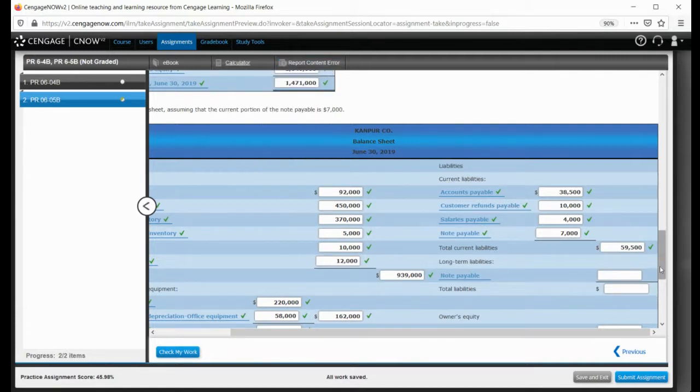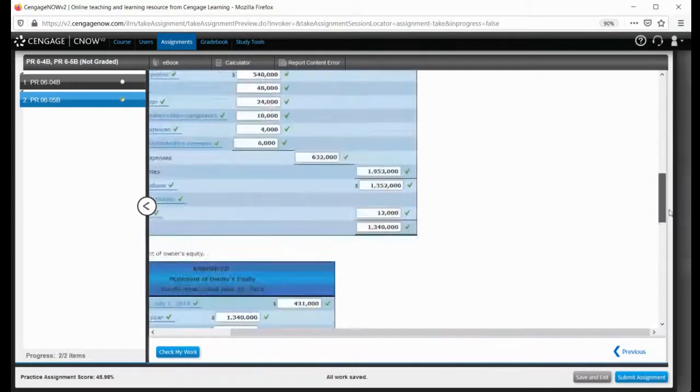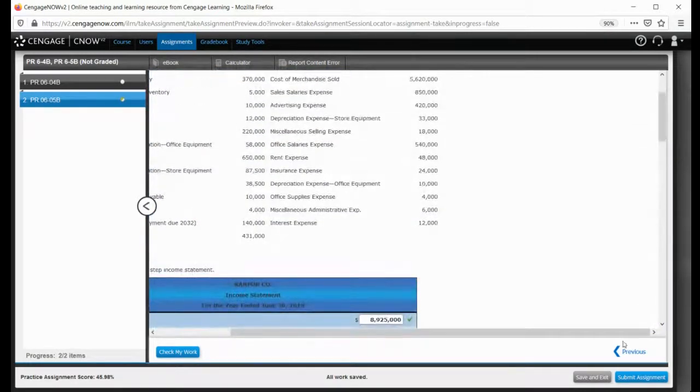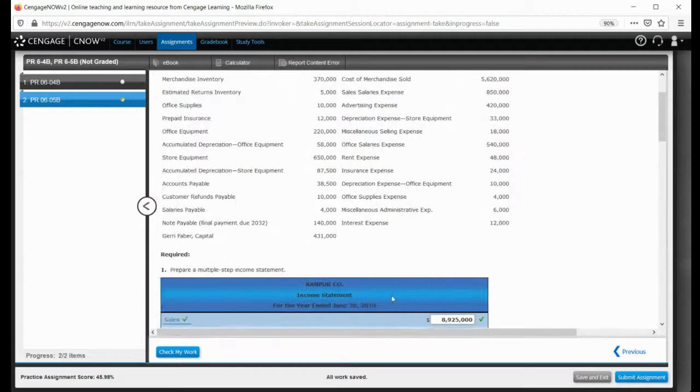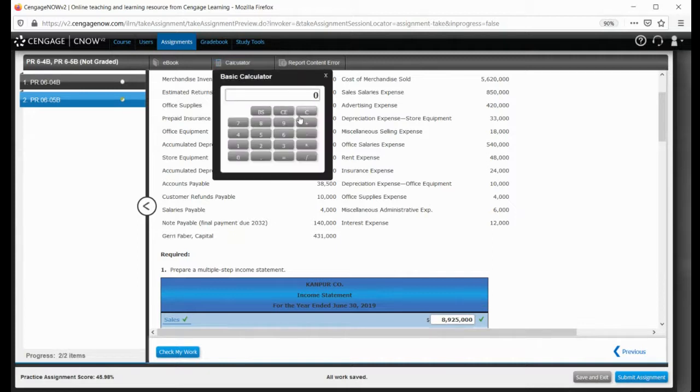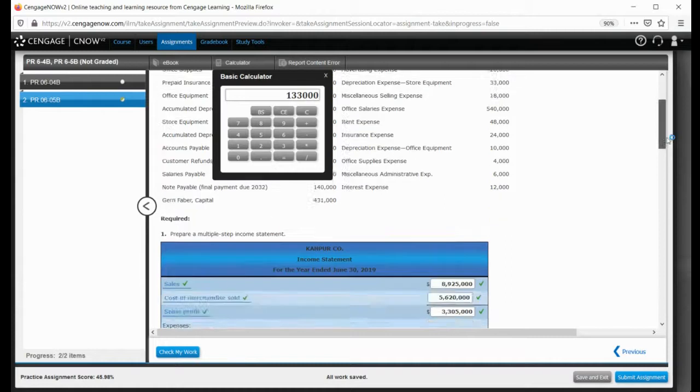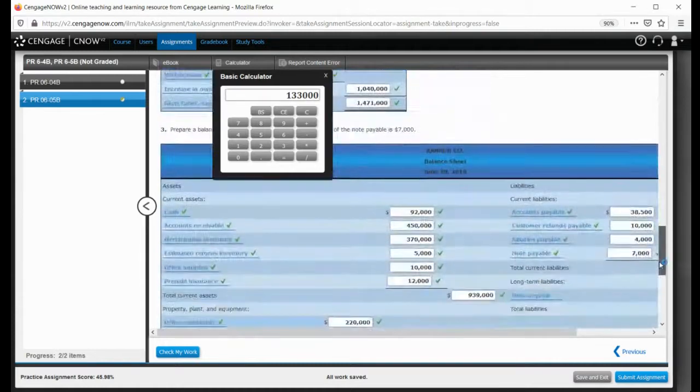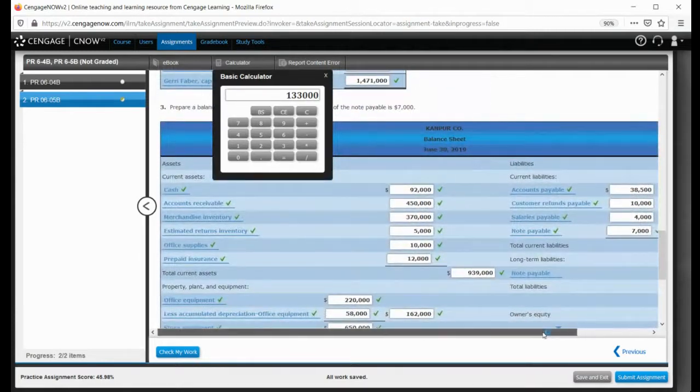And again, I think they were a little bit tricky with this one. But what you've got to realize is that this payable account here, 140,000, is not the long-term portion. You're going to have to take 140,000 and subtract that 7,000 current portion of this note payable from that to get the remaining amount of the note payable, which is 133,000.